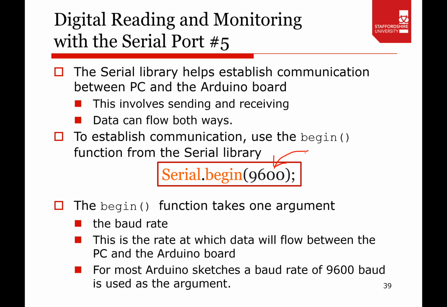So the function takes one argument, the number, the baud rate. It's the rate at which data can flow between the PC and the Arduino board. For most Arduino sketches, a baud rate of 9600 is usually used.